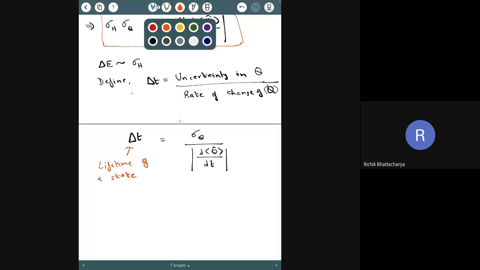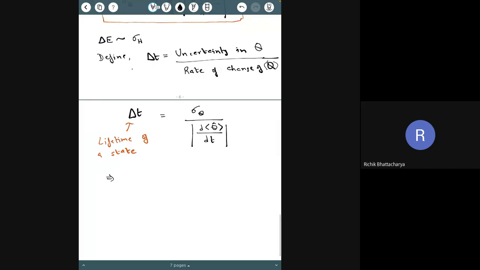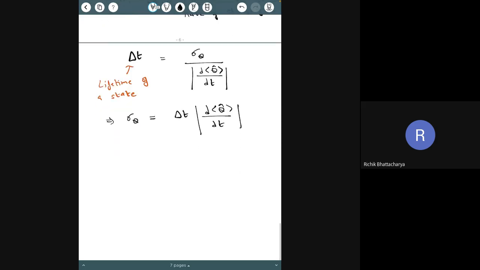Okay. And then from here, let me just continue one more and then we'll talk again about the implications. So then delta sigma q can be written as delta t into dq dt. Fine.